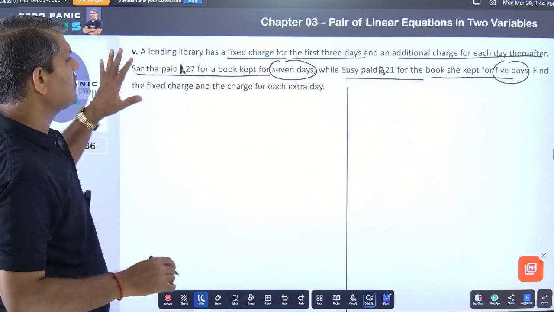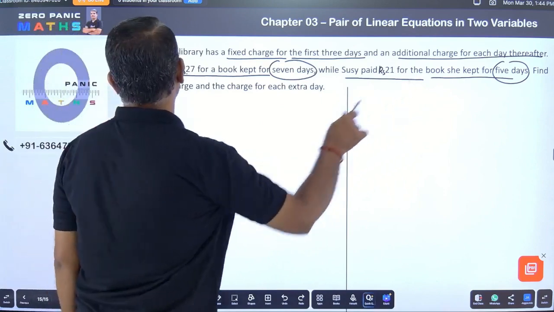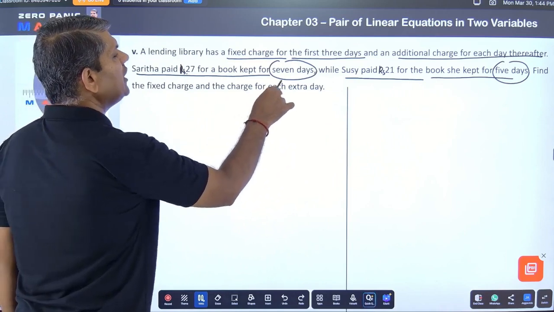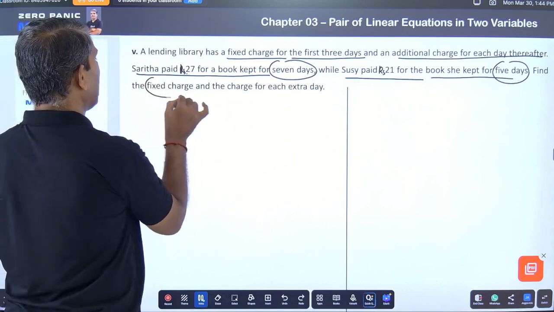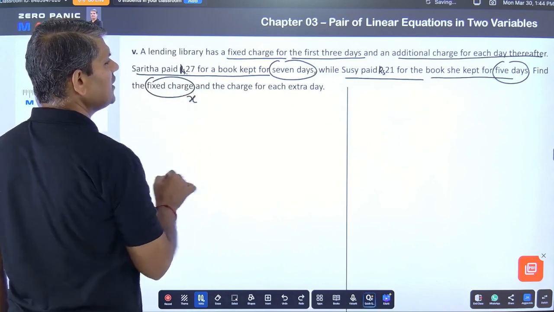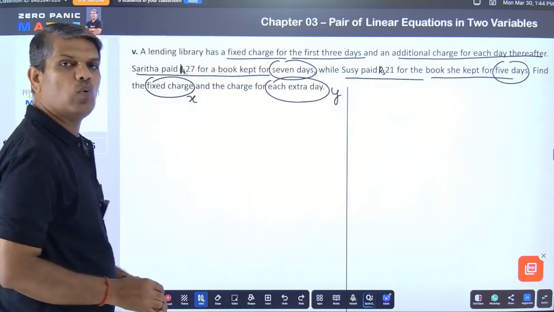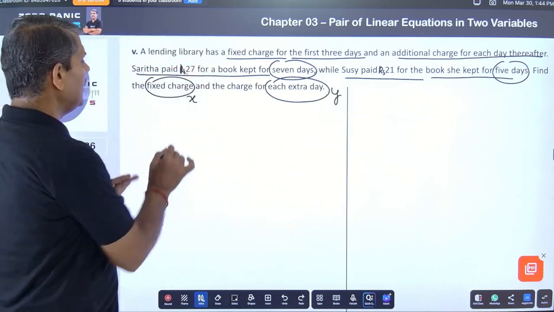Let us consider what is required. Find the fixed charge and the charge for each extra day. So the fixed charge I will consider as x, and each extra day as y. Let us start.